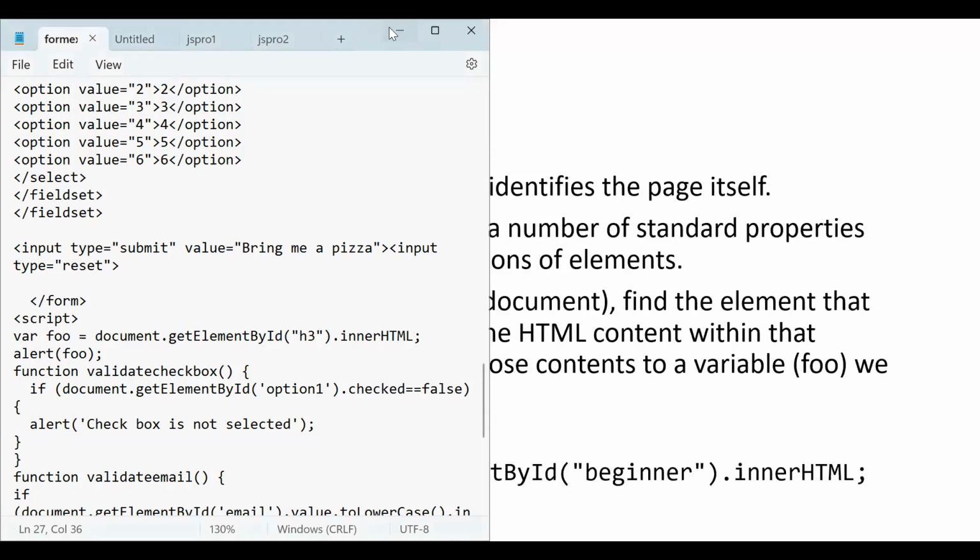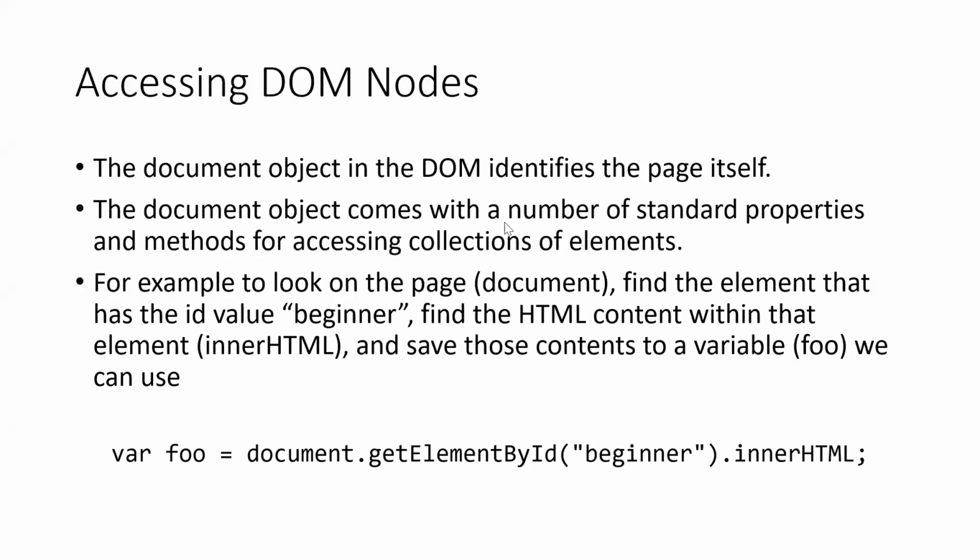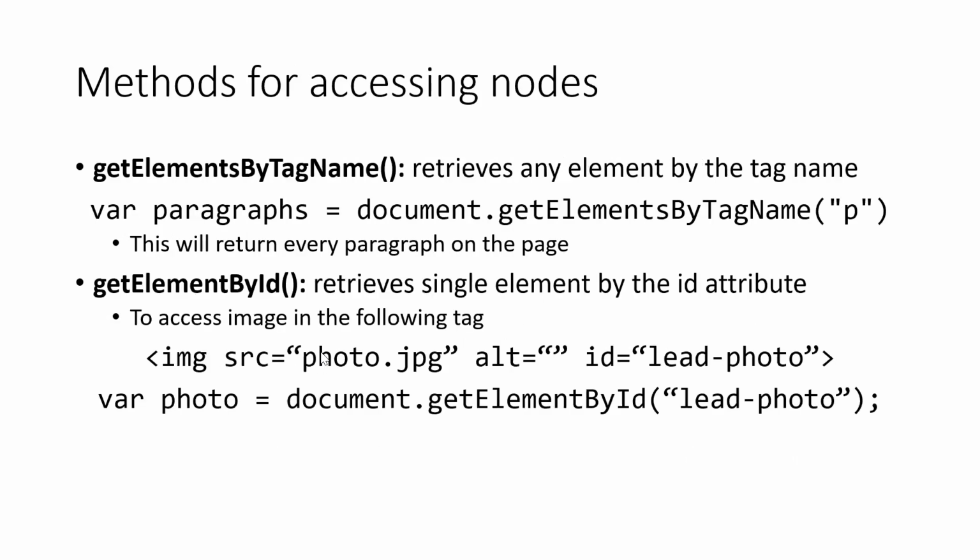Now that we know how to get what is inside the HTML content within the element, there are other ways of accessing nodes. You can get element by tag name. For example, for paragraphs you say document get elements by tag name P, which refers to accessing all the paragraph elements.